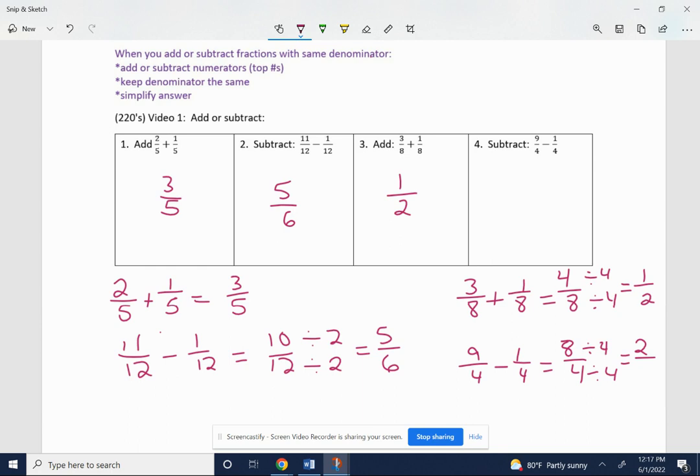Divide 4 by 4, you get 1. Now 2 over 1 is correct, but it can be simplified even more. Think about 2 over 1. The top number's bigger, right? If the top number's bigger, you could think division. 2 over 1 is 2 divided by 1, and 2 divided by 1 is 2. So 2 would be your final answer for that.